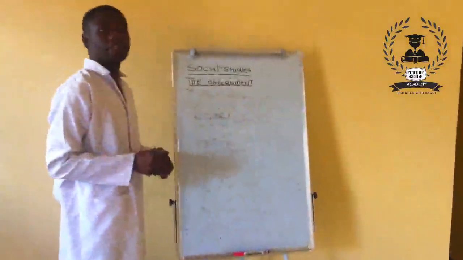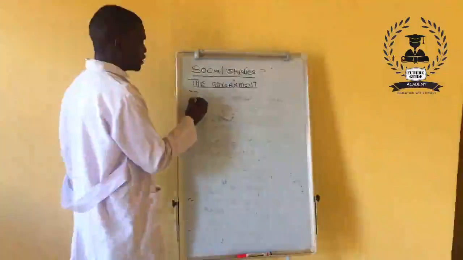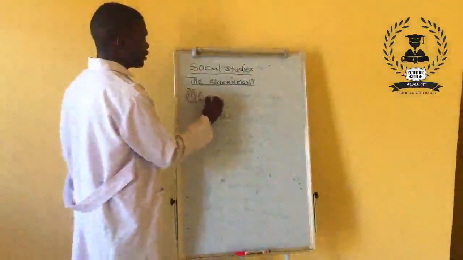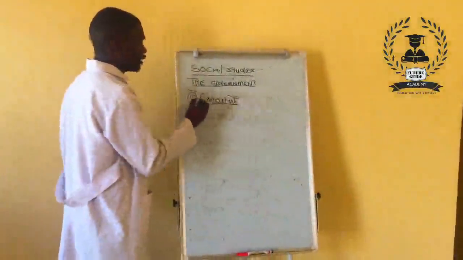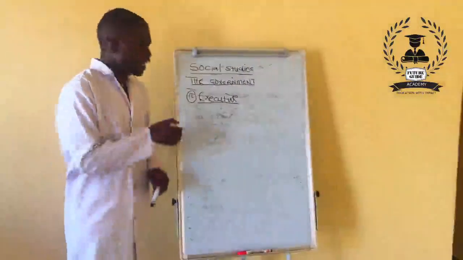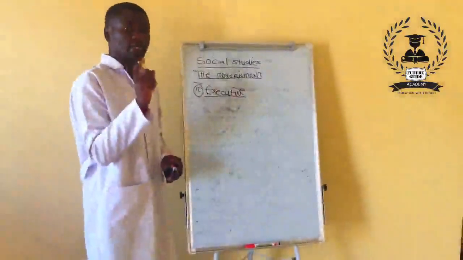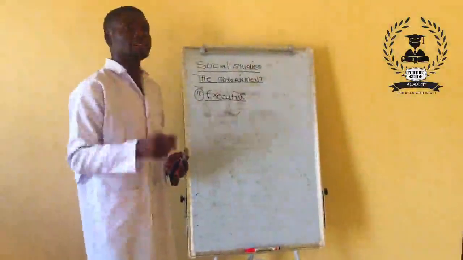The second part is the executive, which is the second organ of the National Assembly. Now, this organ, which is the second one, works hand in hand with the legislature.